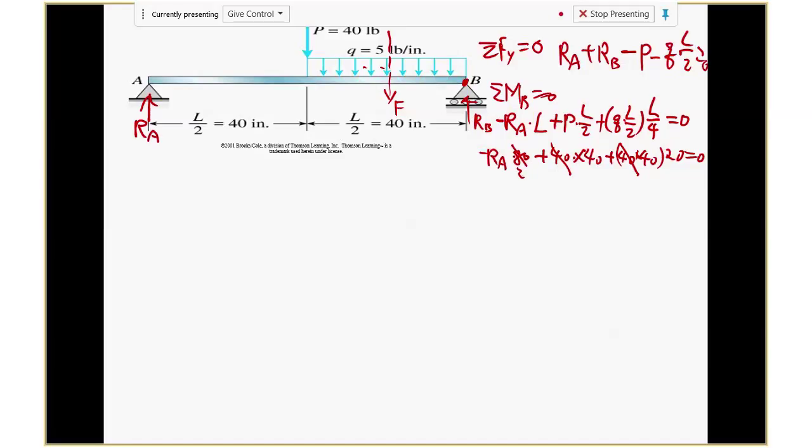Then we can eliminate another 2. This will become 20, this will become 10. So what do you have? RA will be 20 plus 40 times 10. Have you seen anything?